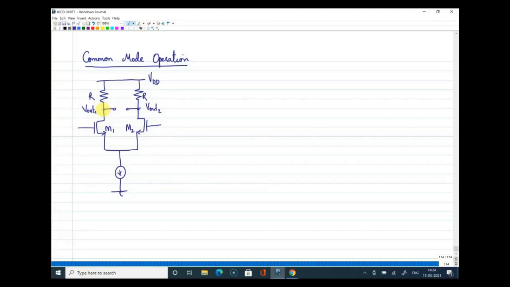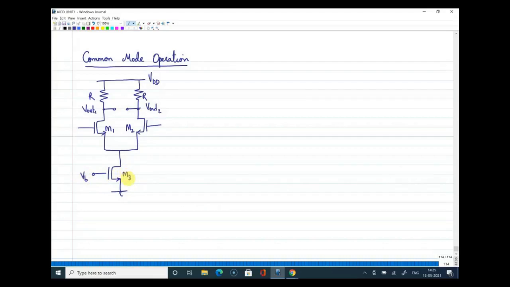Now, before discussing common mode operation, in all practical cases, I need to replace this tail current source using an equivalent transistor. So I will keep a transistor here, and that will be suitably biased, and I'll call this M3.